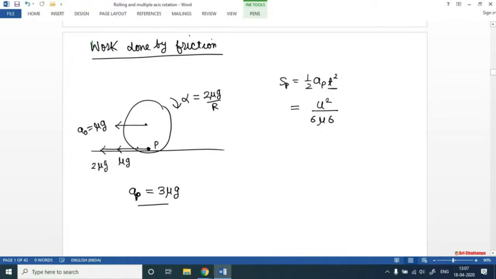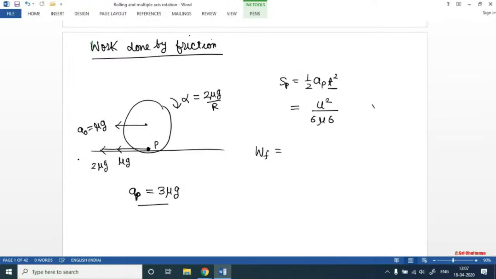So this is the case over here. This would be the displacement in forward direction, since initial velocity is u and final velocity is 0. Now for the work done by friction, the displacement of this point P is in forward direction, and since friction is acting in backward direction, work done by friction would be negative in this case.